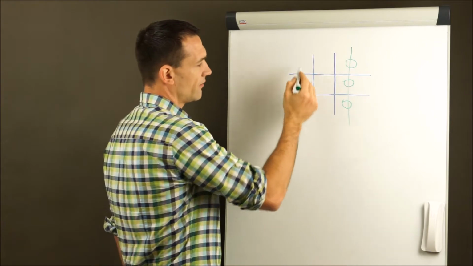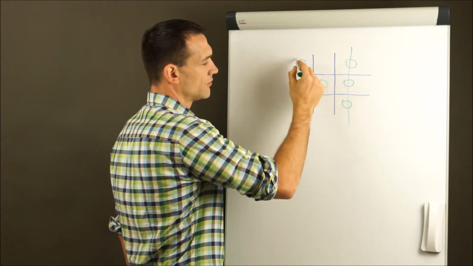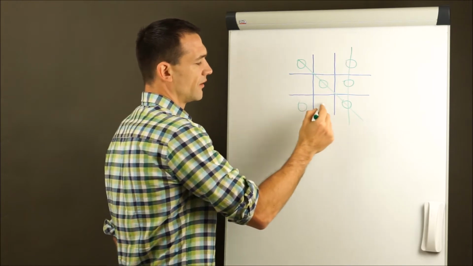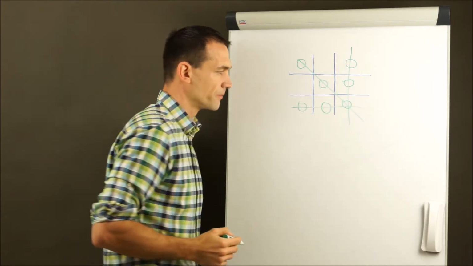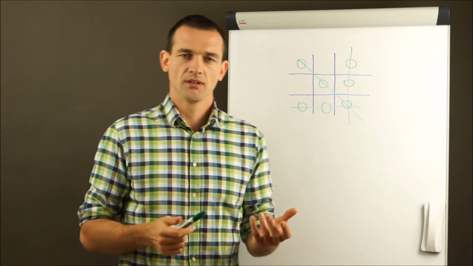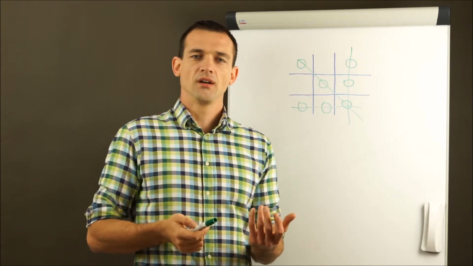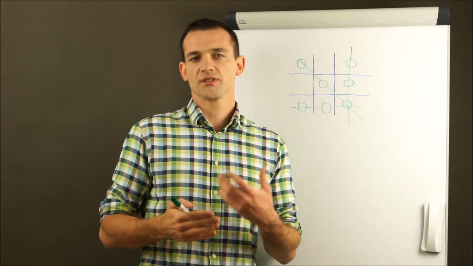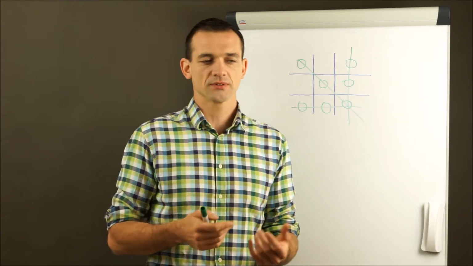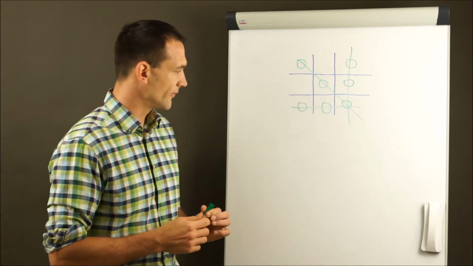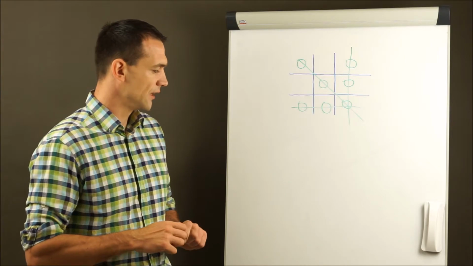It might be a diagonal row, and it might also be a horizontal row. The thing is that your opponent will try to block you or will try to establish a winning situation for himself. So those are the rules.